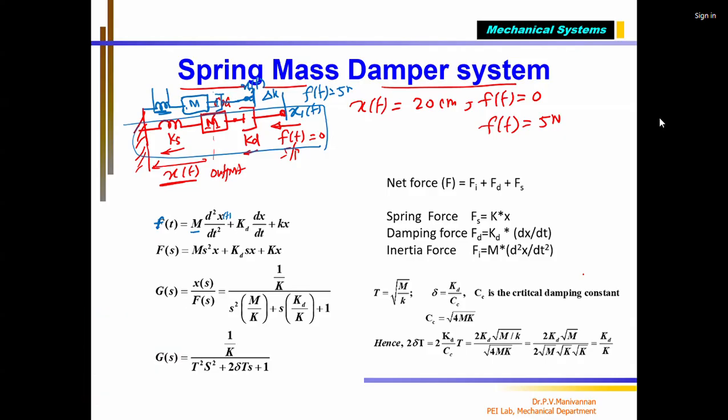Plus kd, called the damping constant, multiplied by d by dt of x. This is nothing but velocity v of t. This is acceleration, this is velocity, this is x of t. So plus ks into x of t. This is nothing but spring force. This is called damping force, and this is called inertia force.